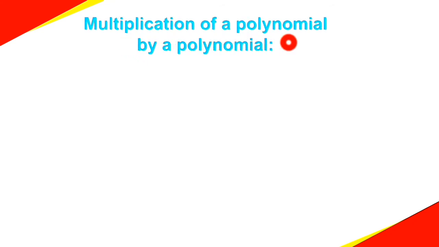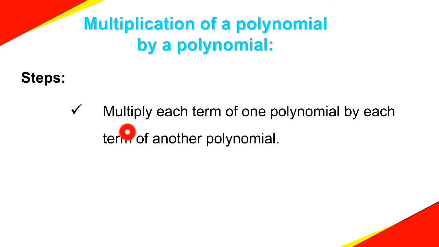Multiplication of a polynomial by a polynomial. We are going to do step 1. Step 1 is multiply each term of one polynomial by each term of another polynomial.